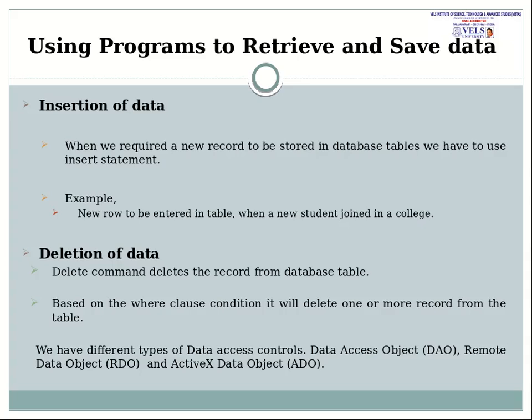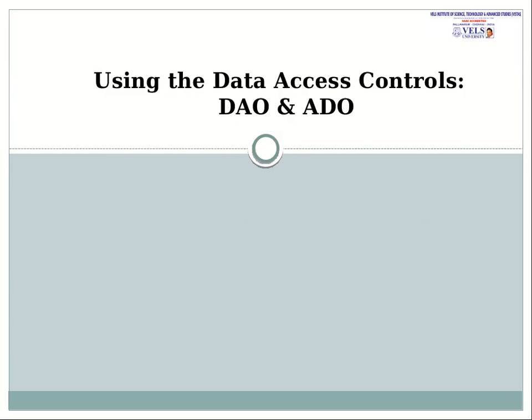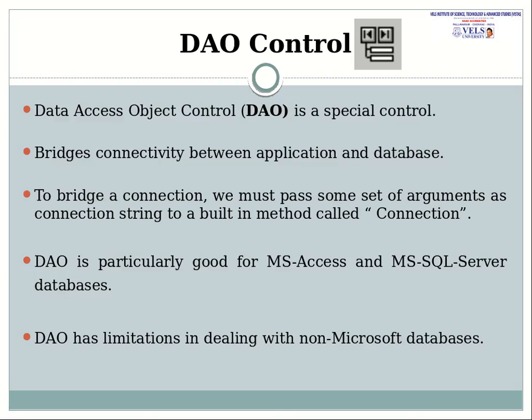And we have different types of data access controls in VB. Here we will discuss data access objects DAO, remote data objects and ActiveX data objects. We will discuss these DAO and ADO controls. The first one we will discuss is the DAO control.